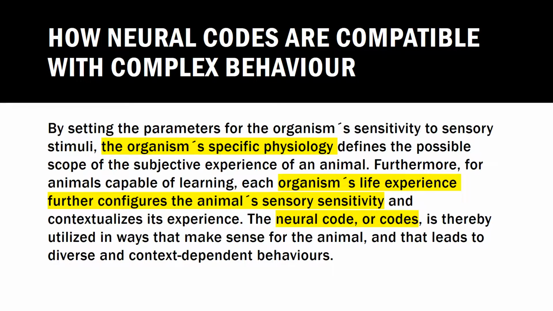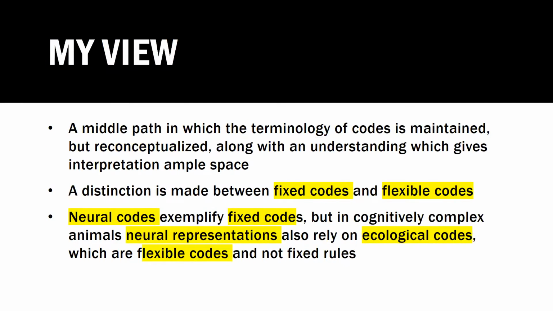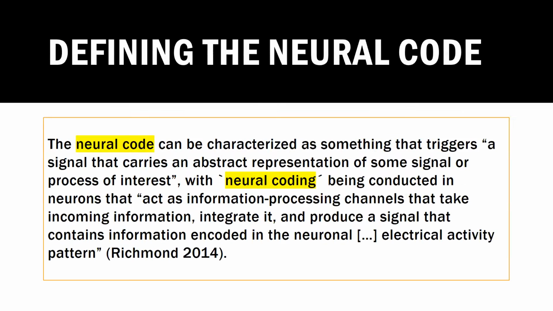Can we go back to the slide where you define the neural code? Yes. Here. So at the beginning, you see that there's one signal that really is representing a former signal.